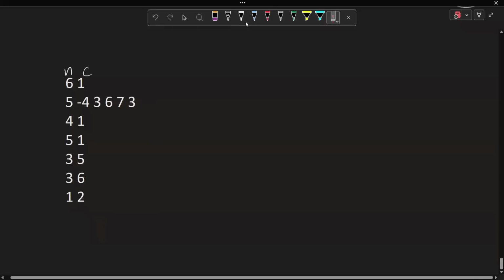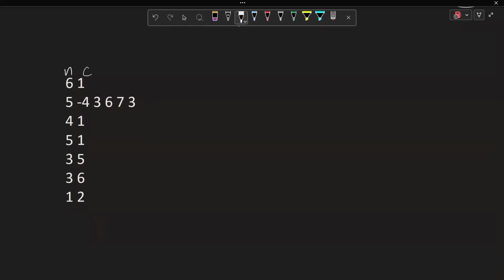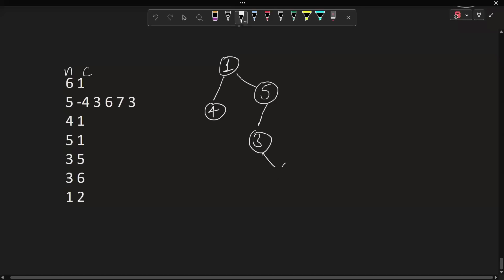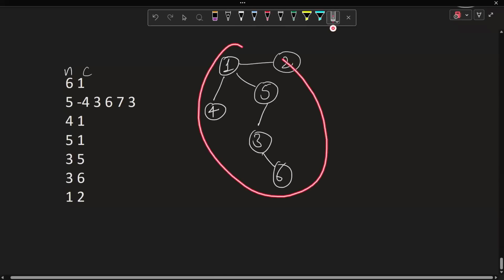So C is the cost of any strengthening. So let's see what type of tree we are given. So 1 and 4 are connected. 1 and 5 are connected. 3 and 5 are connected. 3 and 6 are also connected. And 1 and 2 are connected. So this is the tree that we are given here.